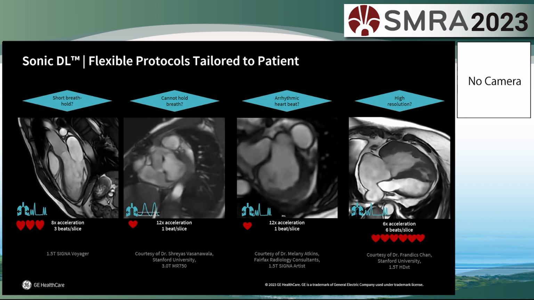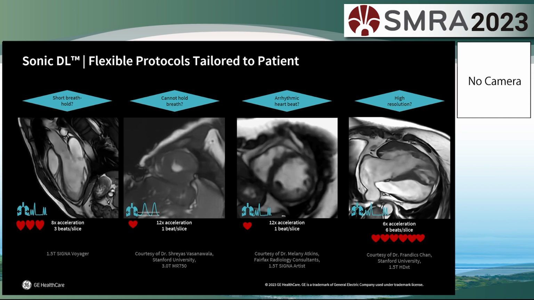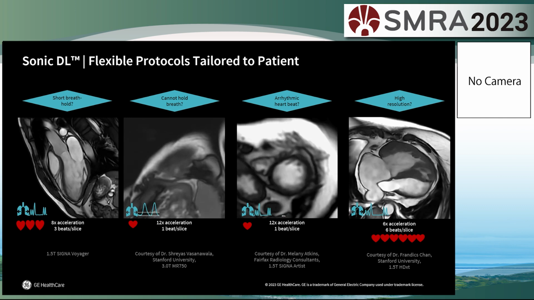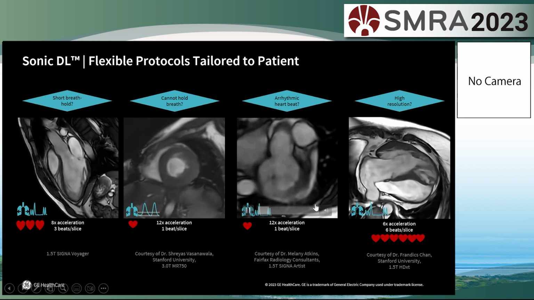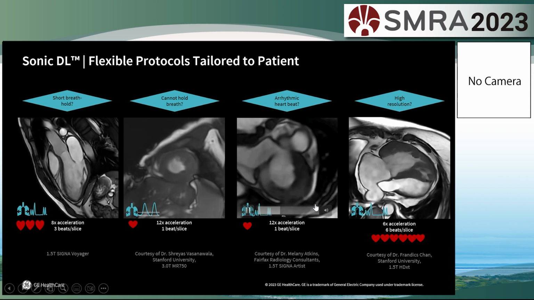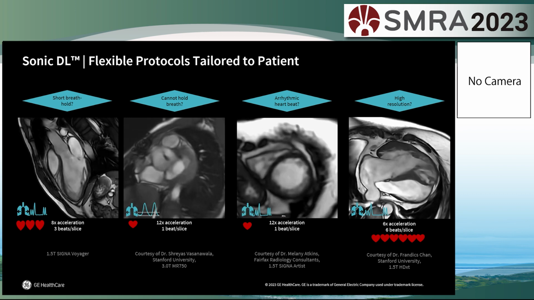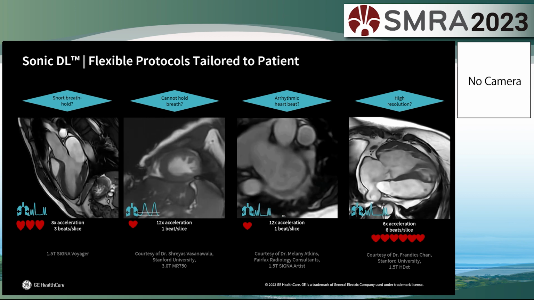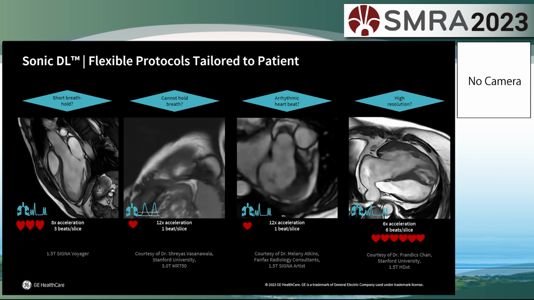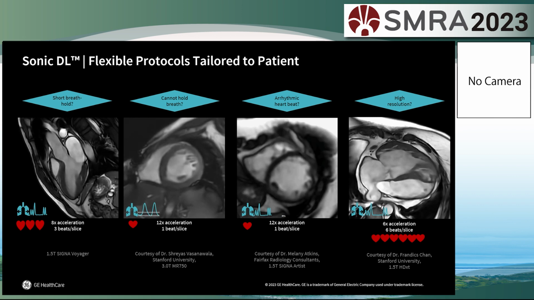And if the patient cannot hold the breath, you can prescribe the respiratory triggered cine imaging. And also if the patient has a severe arrhythmia, then you can prescribe the single heartbeat cine imaging with Sonic DL. And also if you need a high resolution cine imaging, you can prescribe the respiratory triggered high resolution protocol.